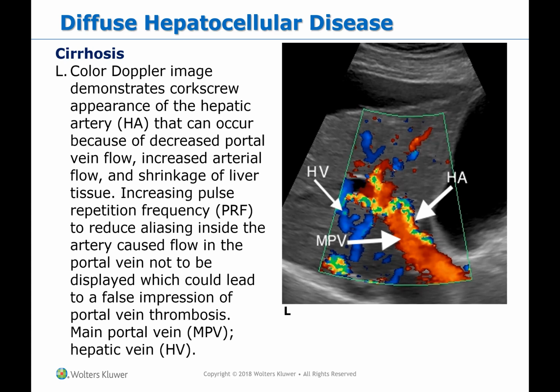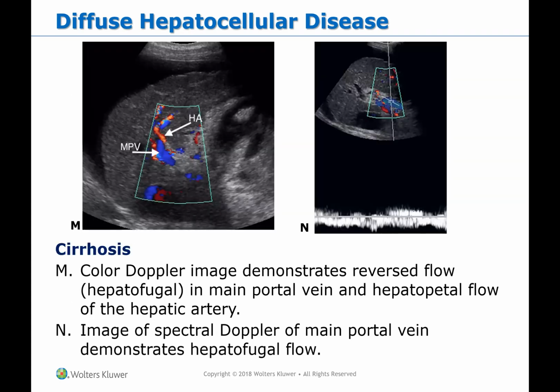You can increase your pulse repetition frequency to reduce aliasing. The color Doppler image here demonstrates reverse flow, hepatofugal flow, and hepatopedal flow of the hepatic artery.